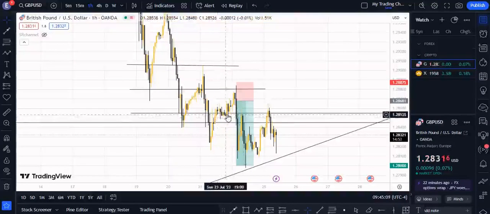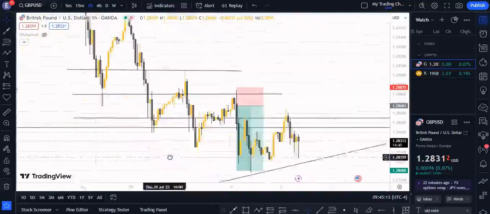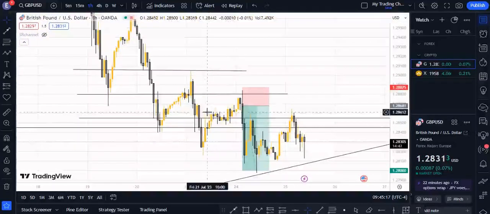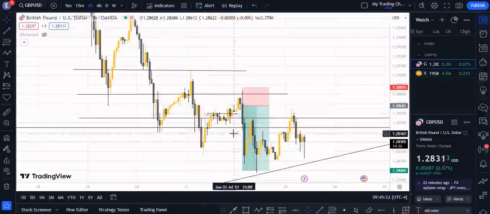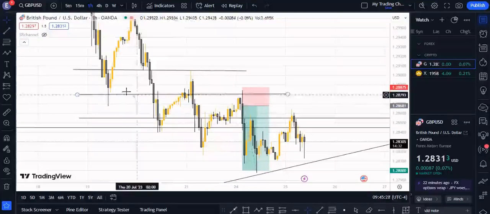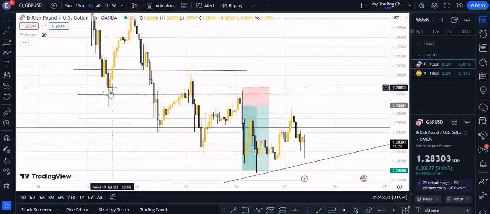Then you can see this green candle break and shoot back to the top side, taking all these small candles out. Then after it takes those small candles out, you can see the market comes back to this low right here.